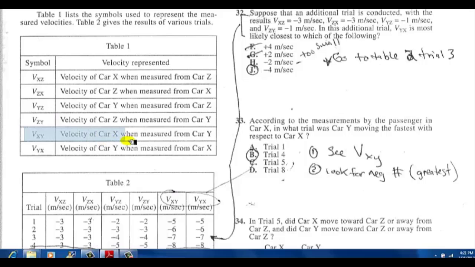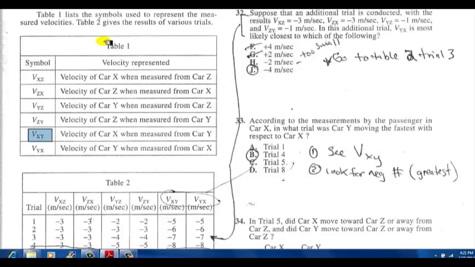gives you the velocity of car X when measured from car Y. We're looking for a positive value, because a positive velocity of car X measured from car Y would tell you that car X is pulling away from, or increasing the distance away from, car Y. So now we know that we need to look in the category of V sub XY.